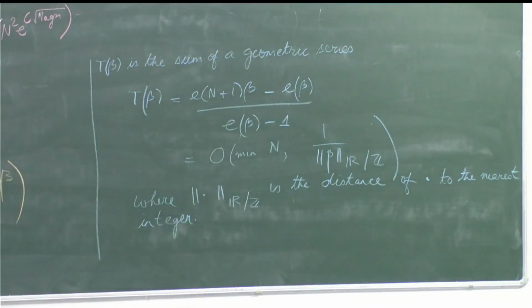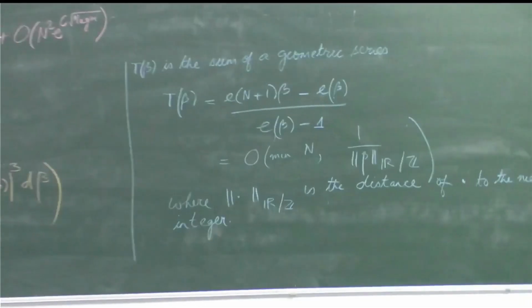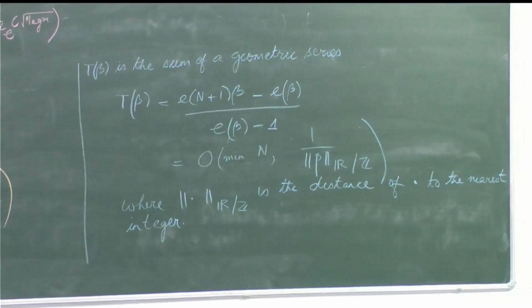Okay. So now let's write this again. This integral from minus 1 by q to plus 1 by q, of T beta cubed, exponential minus n beta, what you see over there.